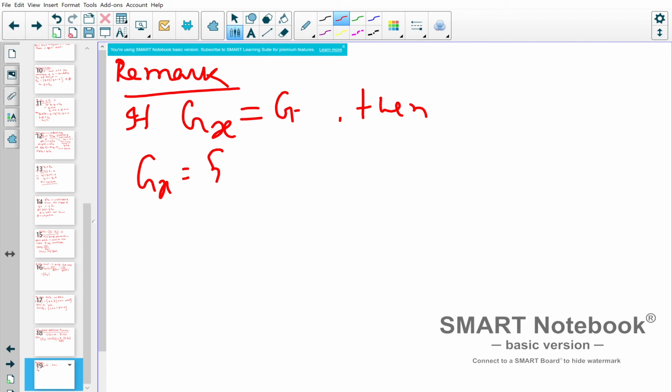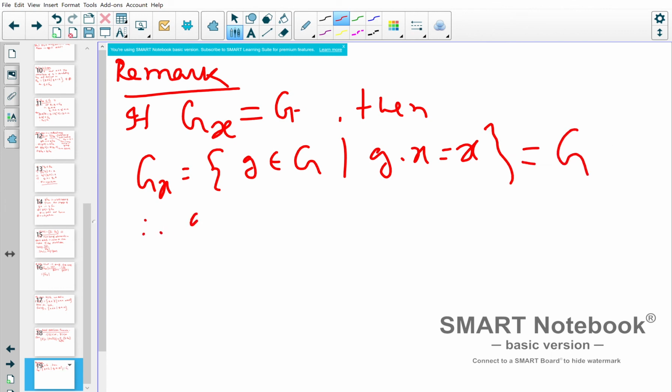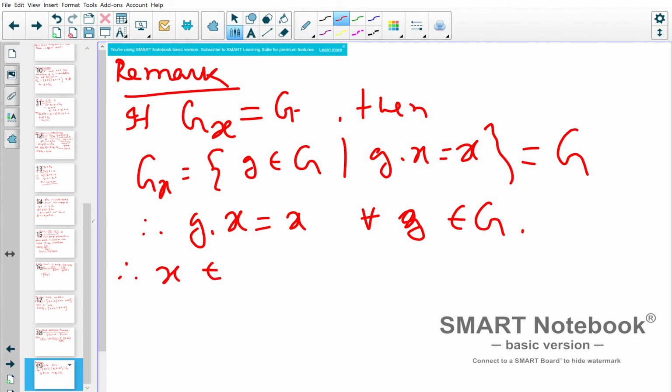Gx is the collection of all g belonging to G such that g dot x equals x. In this case it is all of G, so g dot x is equal to x for all g belonging to G. Clear? And this means x belongs to the fixed set of G. By definition, remember the definition of the fixed set.